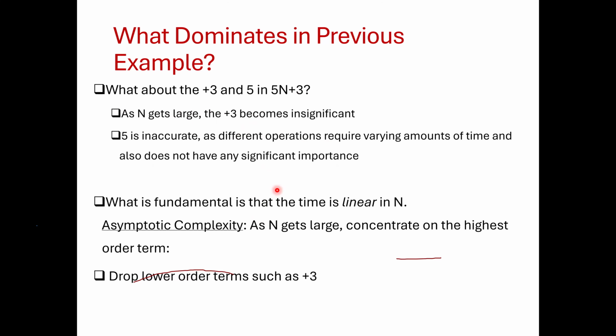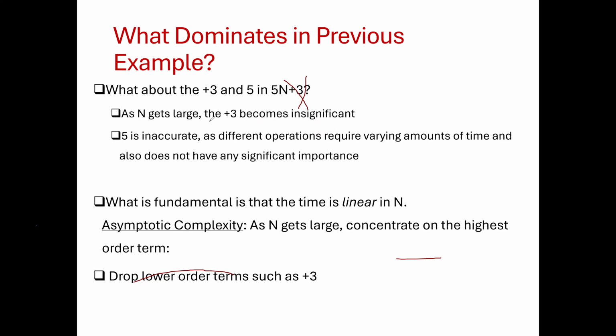And here we see with our 5n plus 3, as n gets large, the plus 3 becomes less and less what? Significant. The plus 3 becomes what? Insignificant, right? So we can drop the plus 3. It doesn't really tell us anything.